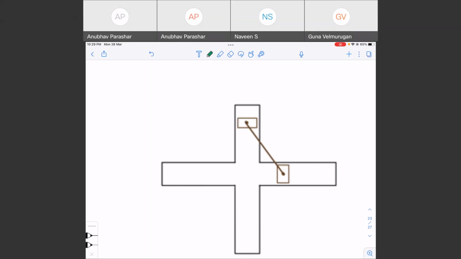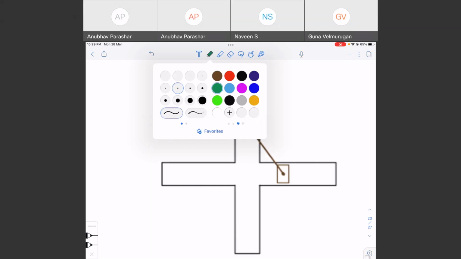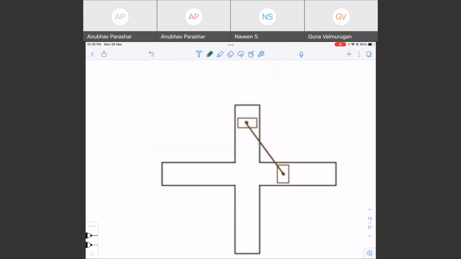So what are the different members? Let us first mark the links. This is link number 1. This is link 2. This is link 3, and this is link 4. There are 4 links, right? So this one you can say is the slotted plate. This is a slider.